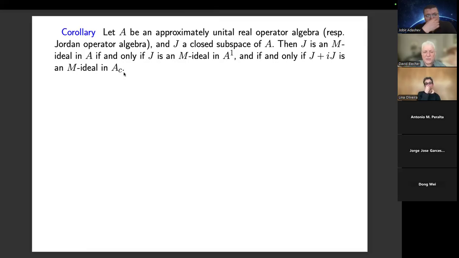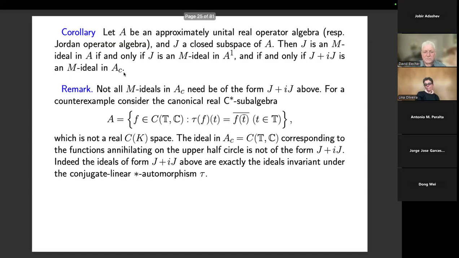So I'll say a word or two about the complexification a little later, but for now we'll just leave it a little loose. Exactly what is the complexification and the unitization?